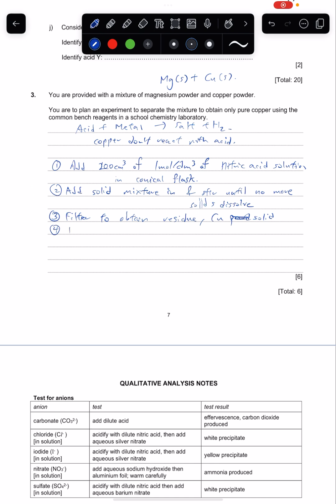You need to wash with distilled water. And lastly, dry between pieces of filter paper. That's it. Alright. Any questions? You can text me.